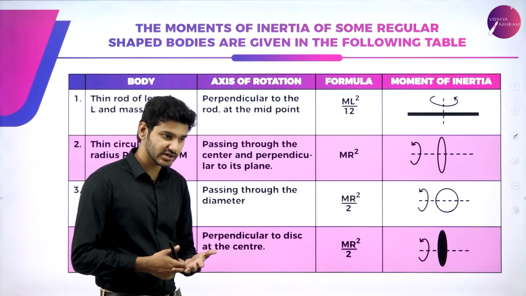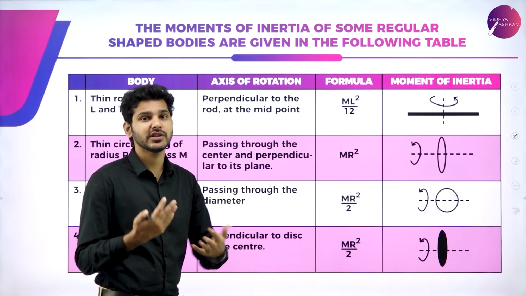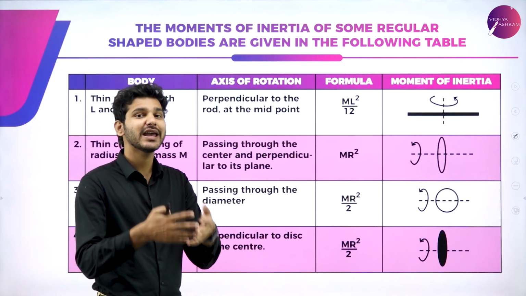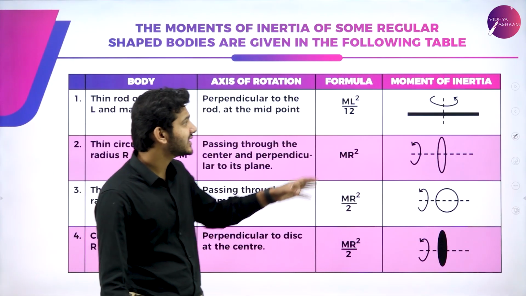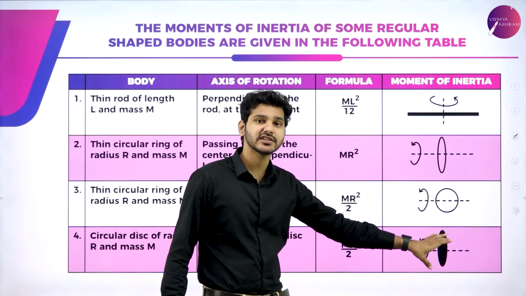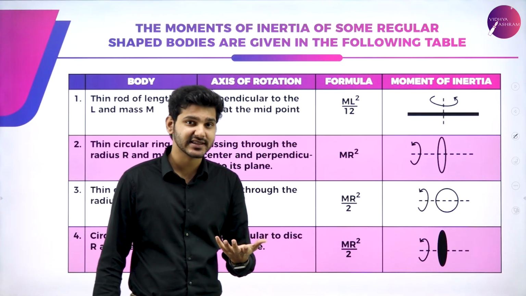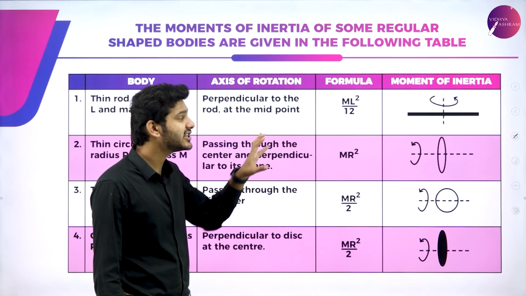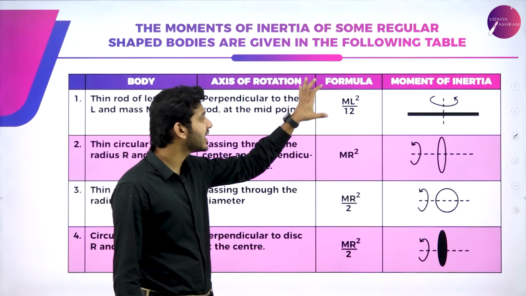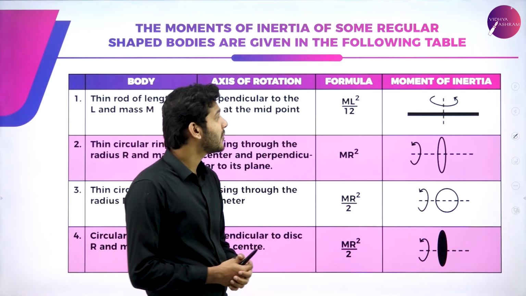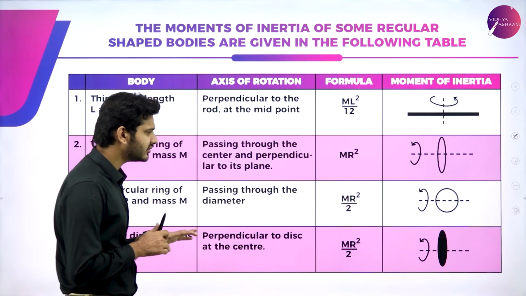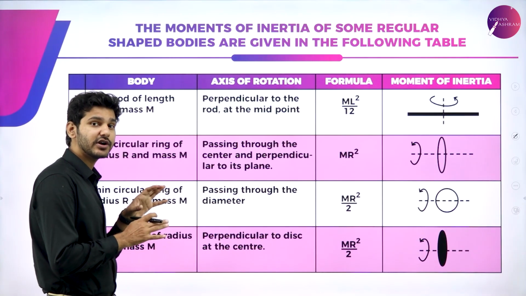We don't have to do the mathematics, the integrals, or any derivations in order to find the moment of inertia of different bodies. The only thing you have to understand is that moment of inertia of these particular bodies is given by these particular equations. But again, we'll look at how the moment of inertia of different bodies look.